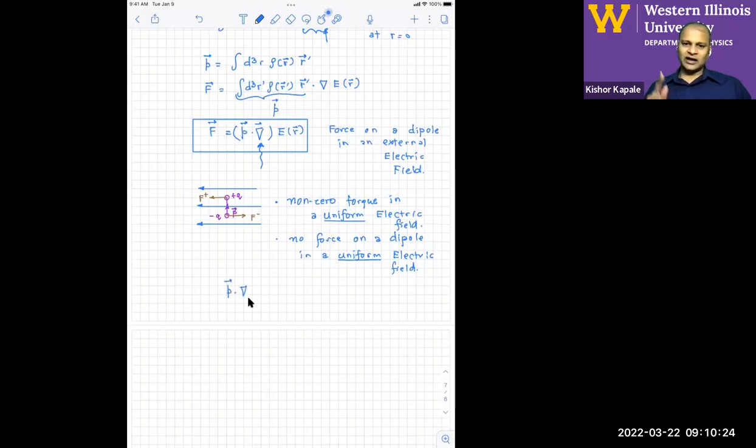That means only if the electric field is changing in the direction of the dipole moment, which is Z. So in this diagram that I have here, only if E has a vertical gradient, that means along P, F will be non-zero. Everybody agrees with that statement?